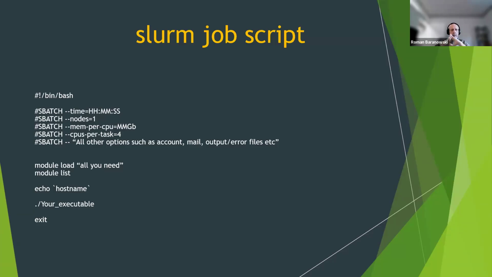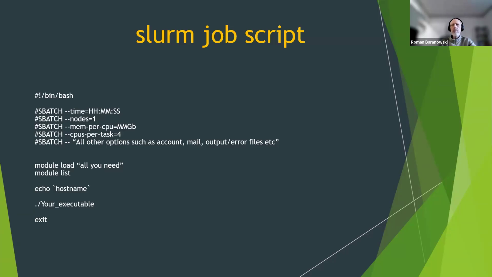And then you are done with the hashbang and the batch directives. And then you're basically starting to say in your shell script what you would like to do. So first, load all the modules which your computations are dependent on. List these modules just to make sure that they have been loaded. And then, of course, we are putting in some housekeeping, let's say echo host.